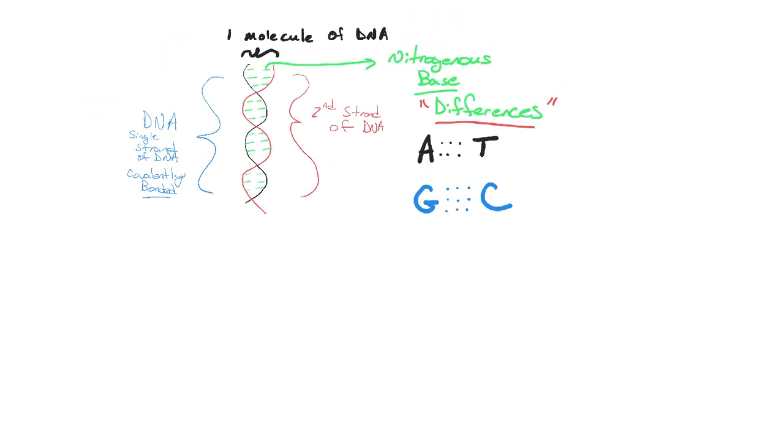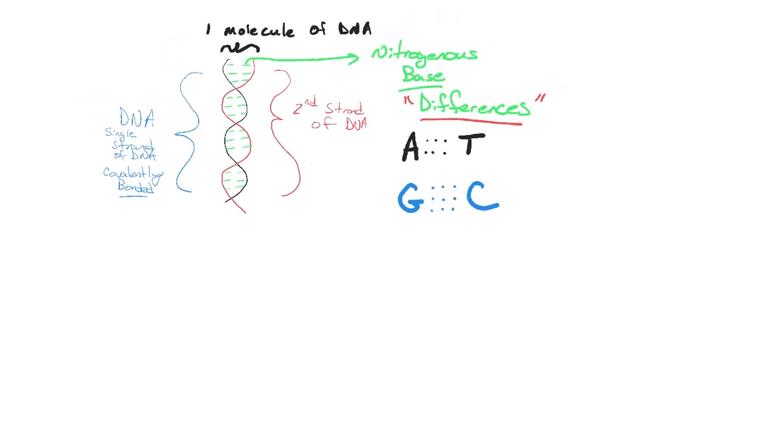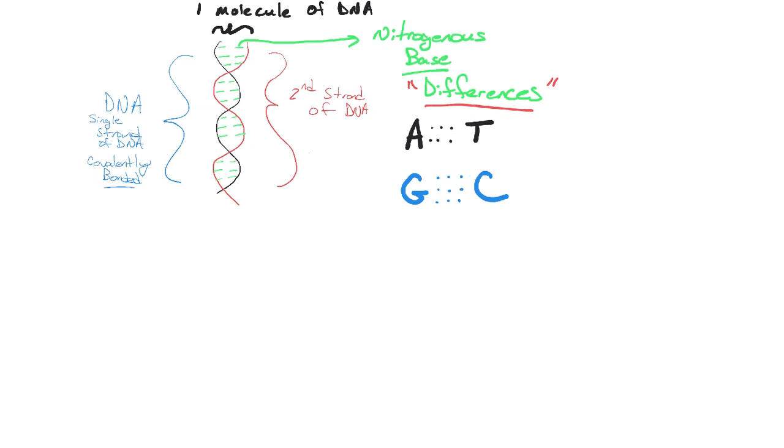How many hydrogen bonds are there between G and C? Three. I see you're reading the dots, which is fair. But the only reason I'm putting dots is so that you don't think it's a covalent bond. These aren't three covalent bonds. These are just attractions. Remember we talked about salt, ionic attractions?